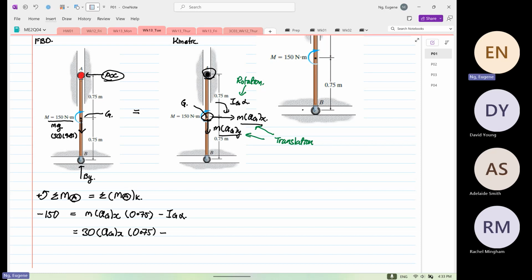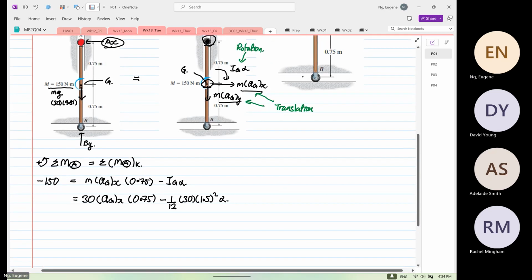I think it is 1 over 12. It's 1 over 12, the mass is 30 kilogram, the length is 1.5 squared, and then we have alpha. Okay.